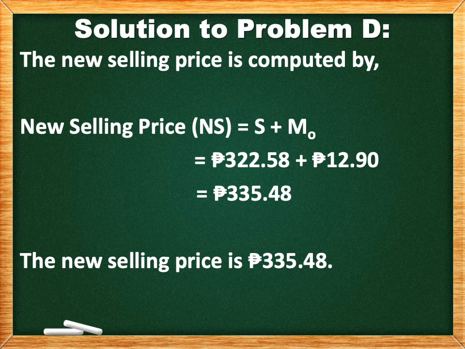So I think, given those examples, we already know how to compute the new selling price. Just in case you need to review the formulas, you can go back to our video anytime you want. So to end our session, let's wrap it up.